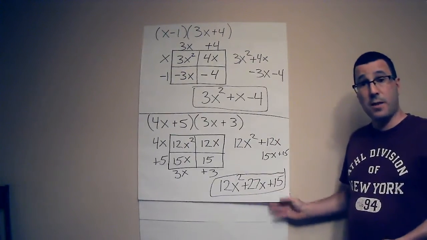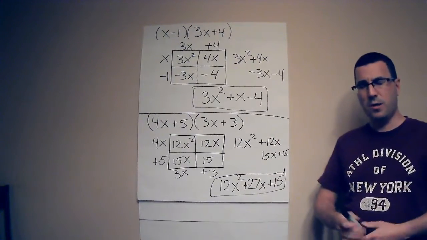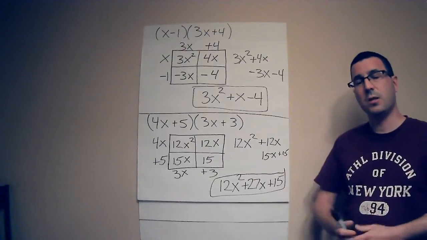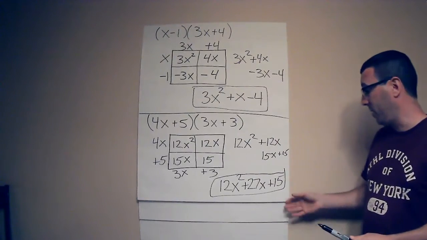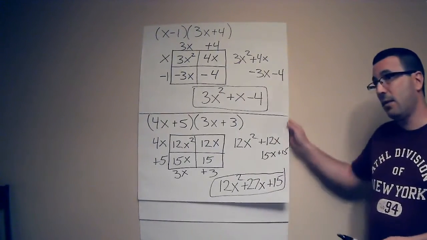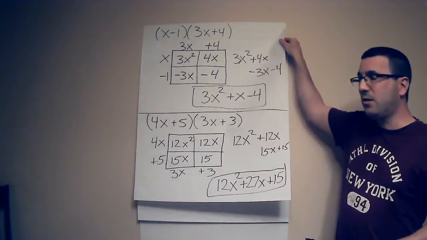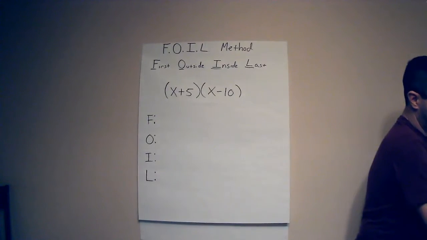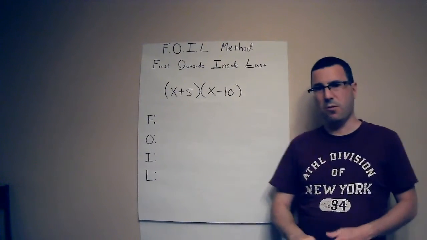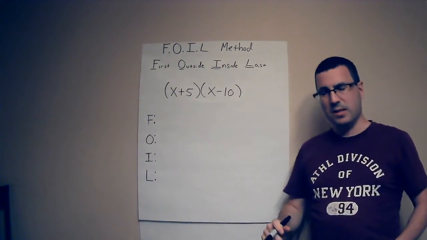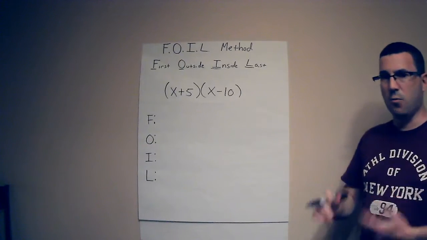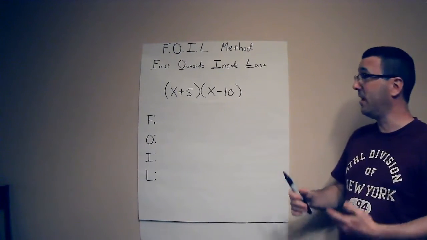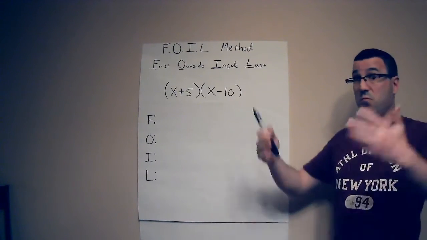Now the other method, and the one that's mostly taught, and the one that's kind of pushed the most, is what's known as the FOIL method. They have similarities and there's some differences. But for the most part, they're really basically the same. The one main difference is that in the box method, you make a box.